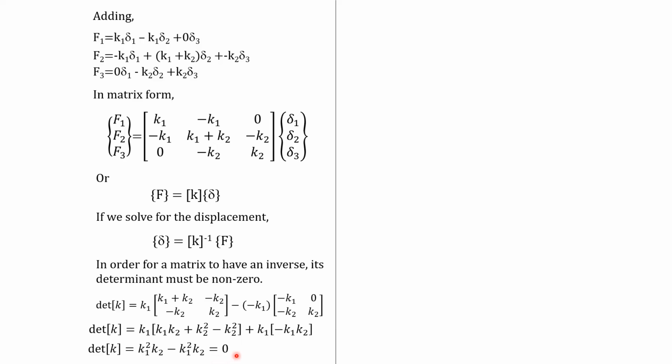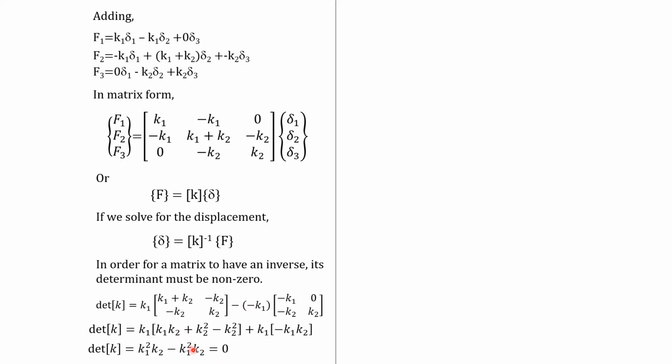Which is equal to 0. Now, the reason why the result is 0 is because, remember, the bars have no restraints. Only when the bar has boundary conditions, for example, one end is a support or two ends are supports, is that the only time the bars will be in equilibrium.